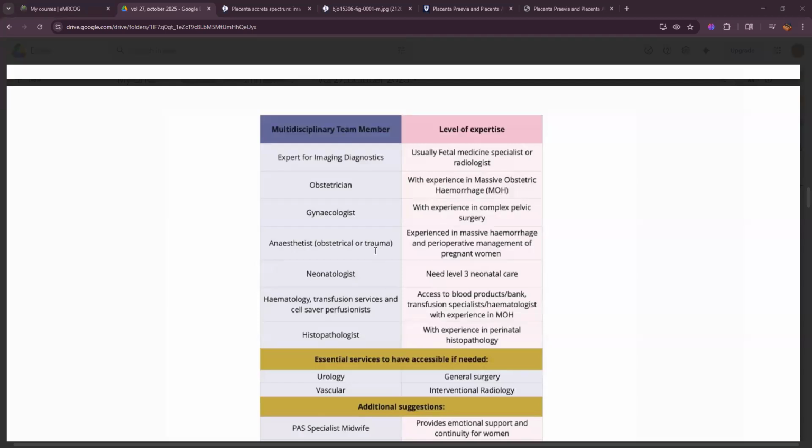The anesthesiologist should be experienced in perioperative management of someone at high risk for massive hemorrhage.